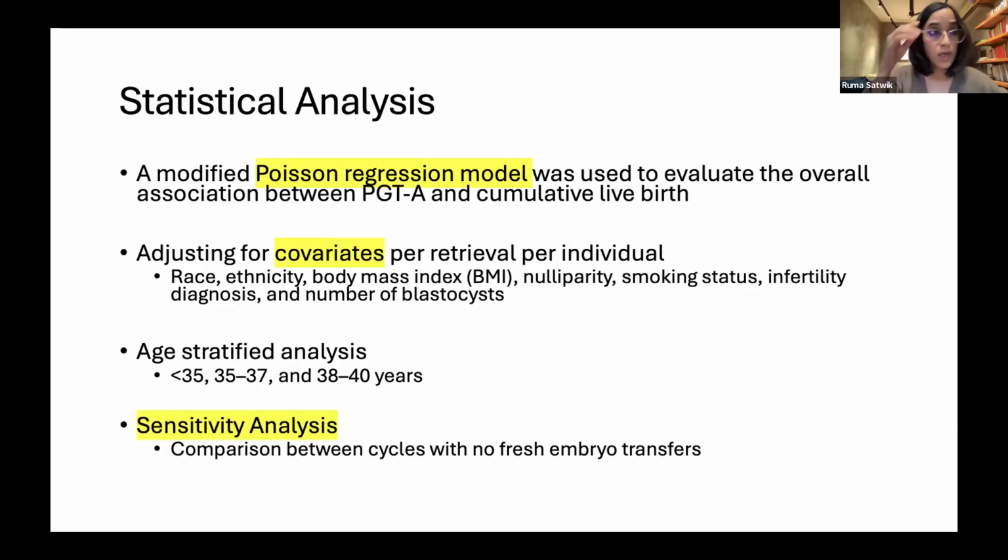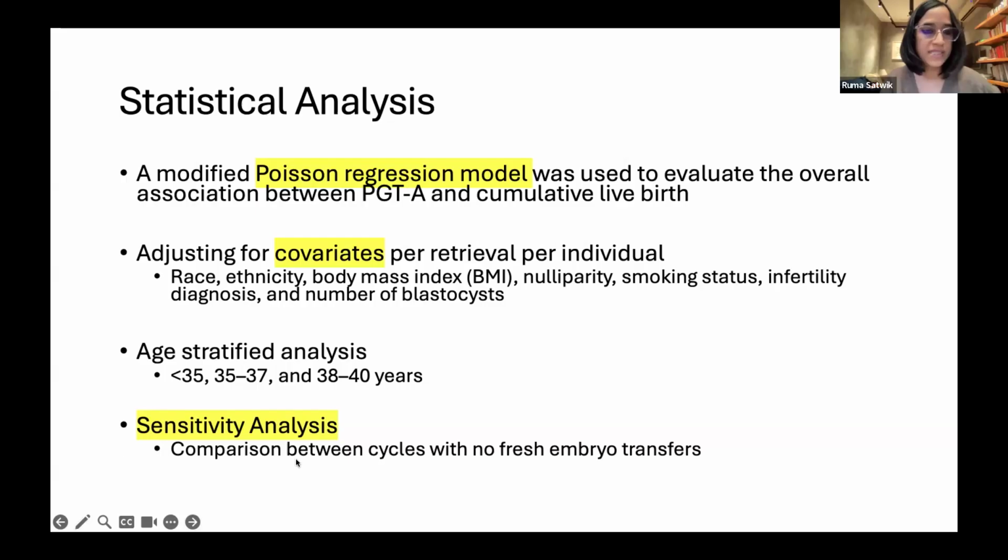A modified Poisson regression model was used to evaluate the overall association between PGTA and cumulative live birth, adjusting for covariates per retrieval per individual, which are these. And here I'd like to mark ethnicity and race, which I'll talk about in just a bit. And age stratified analysis, of course, they do this that we see in their results table.